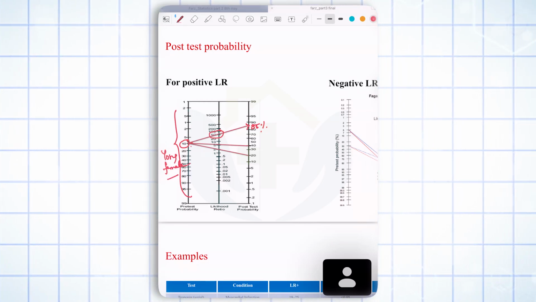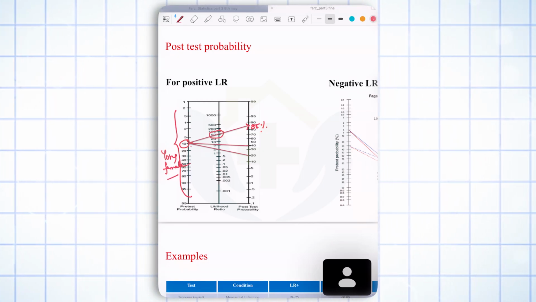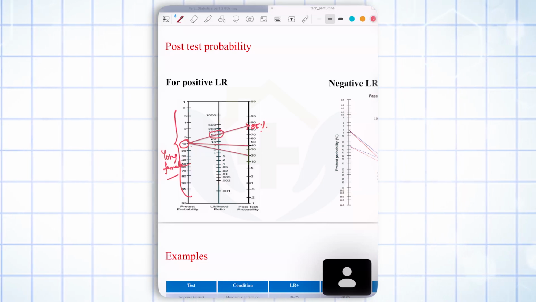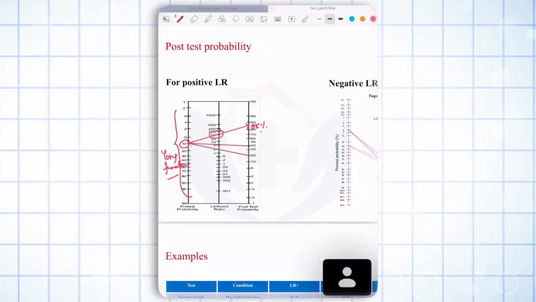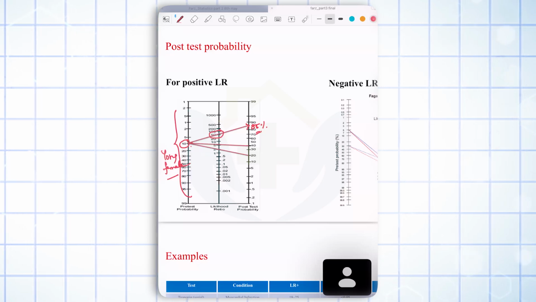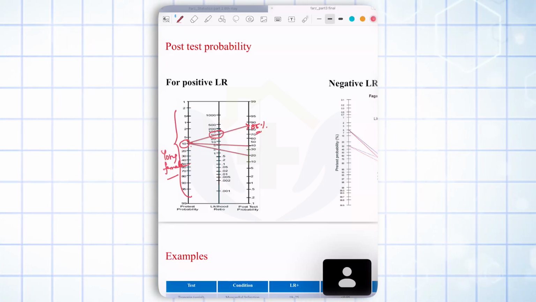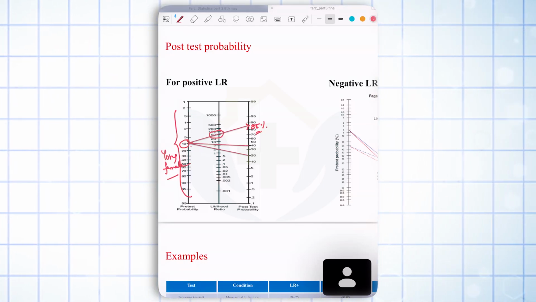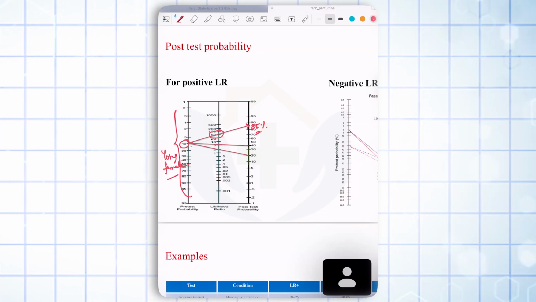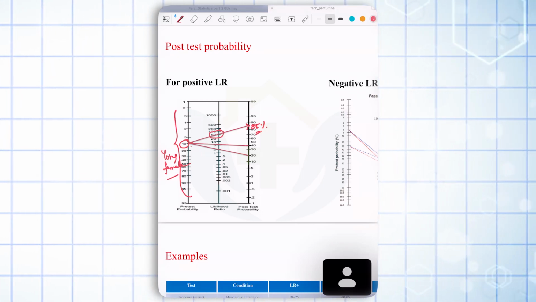But once the test with a likelihood ratio of 50 comes positive, the post-test probability increases many-fold, to 85%. Now I can say that with an 85% post-test probability she might have an MI, I will not release the patient.